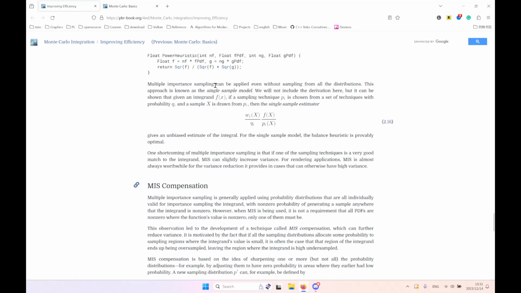Also, MIS can be applied even without sampling from all the distributions. This is known as single sample model. And yeah, we basically still use the balance heuristic for that.